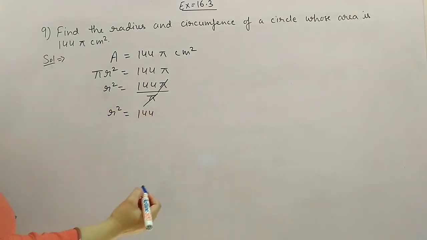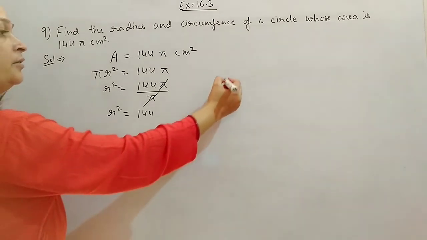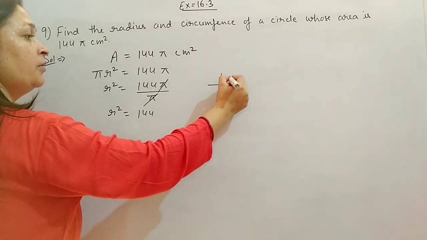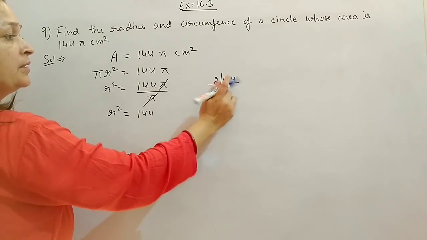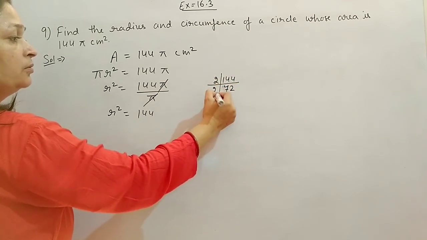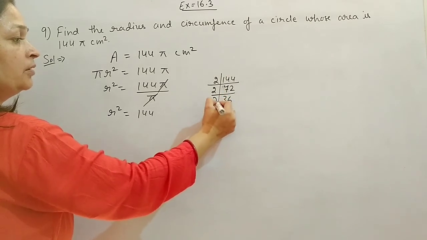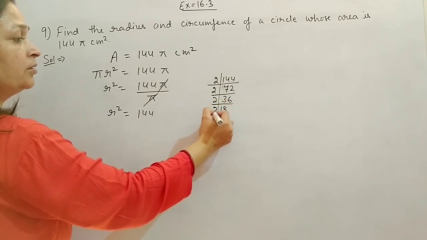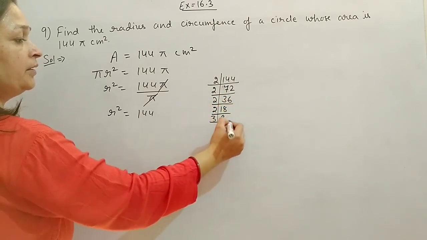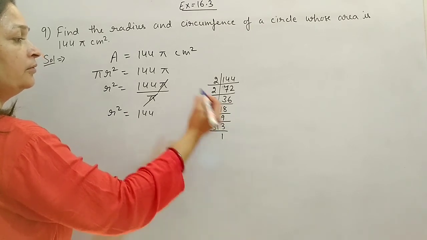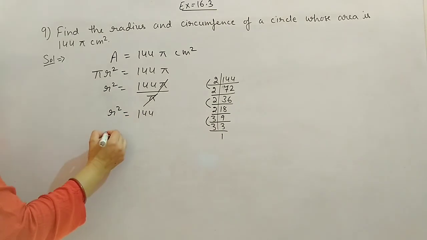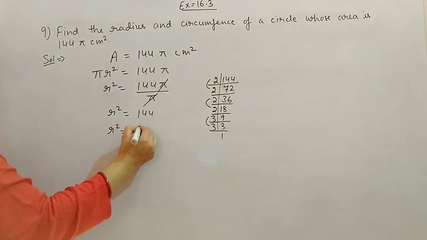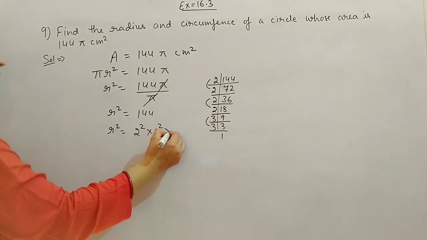You have to do the factorization of 144. 2 twos are 4, 72, 2 36, 2 18, 2 9, 3 3 and 1. So here you have to take 2 together. So r square is equal to 2 square and 3 square.